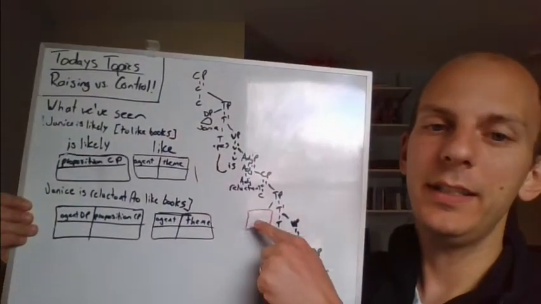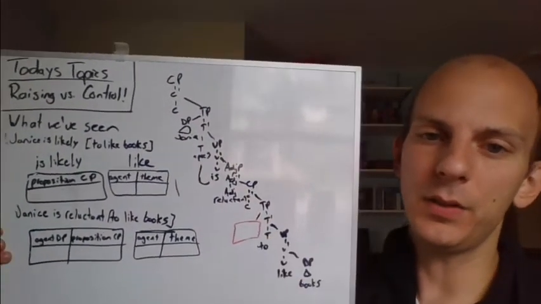Similar-ish, you can think how we said there are traces in certain places that can fill spots. Now we're going to say there's something else invisible here, that's absorbing its theta role. And what we're going to call this thing is big pro.